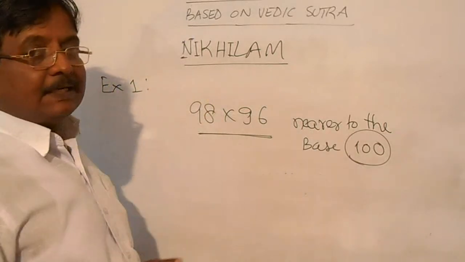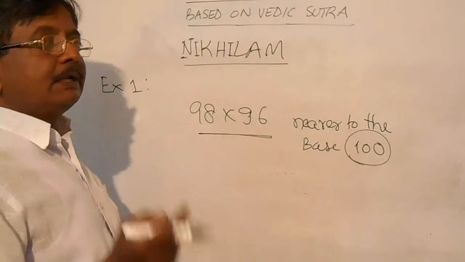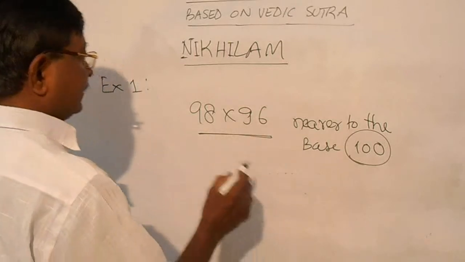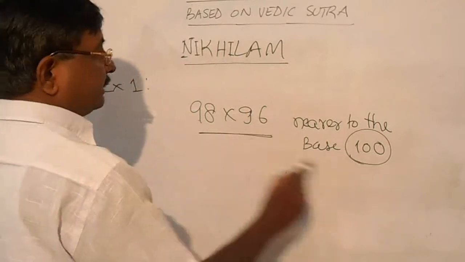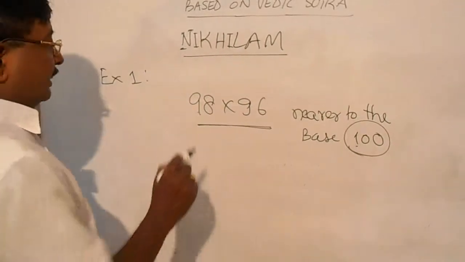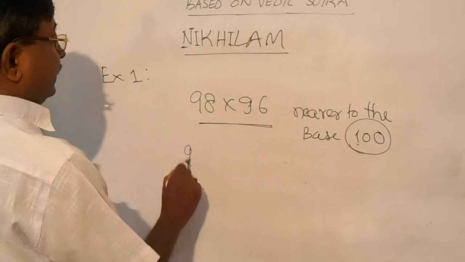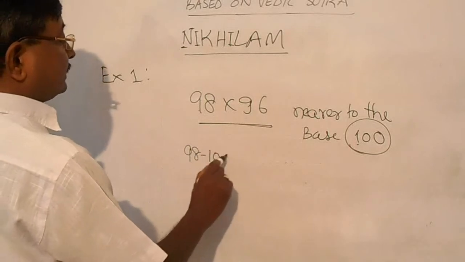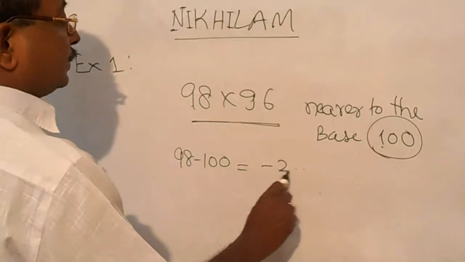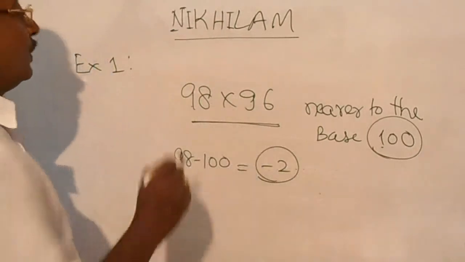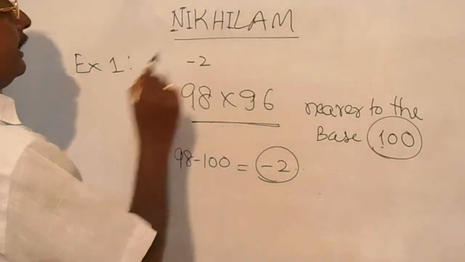If the base is 100, we should have 2 digits on the RHS. So I have to subtract 100 from 98, which is minus 2. I should write this minus 2 on top of 98.